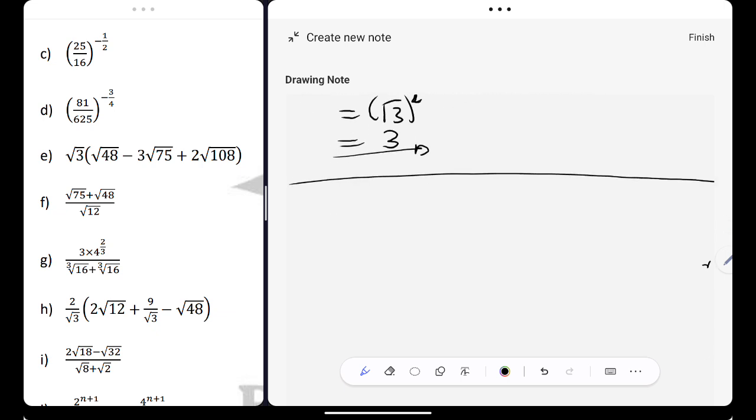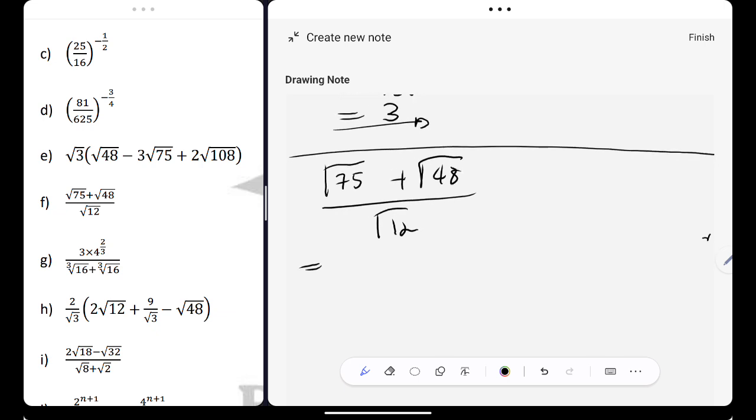The second one, I have (75 + 48) all over 12. Same thing applies.